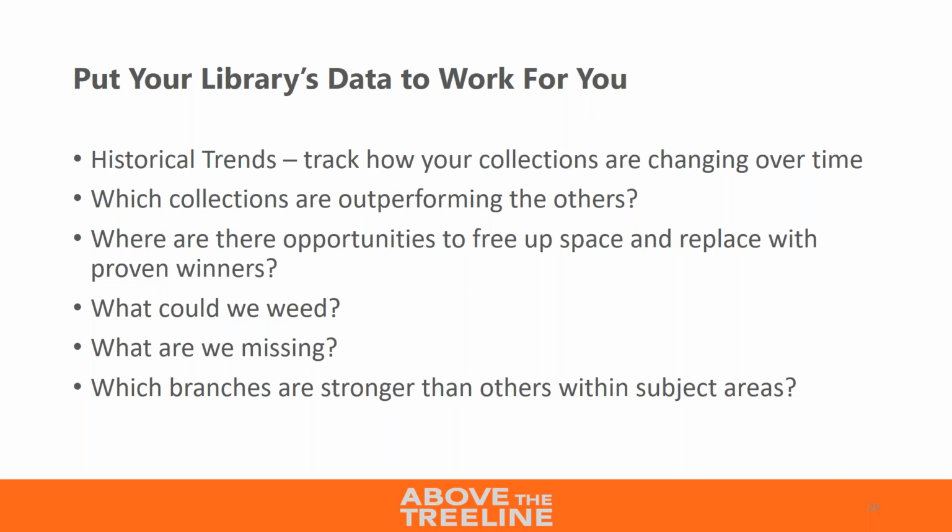it has potential to really help with floating collections, or just with rebalancing in general, like identifying which branches are strong in which kinds of topic areas, or which ones are poor, but maybe not because that's a bad topic for that branch, but because you just don't have the right books for that branch.